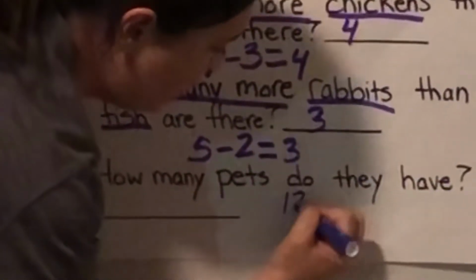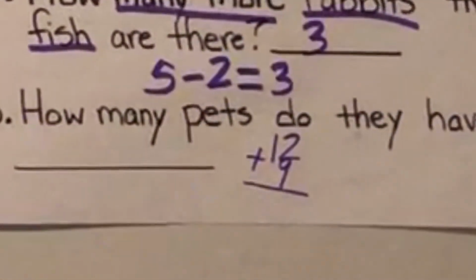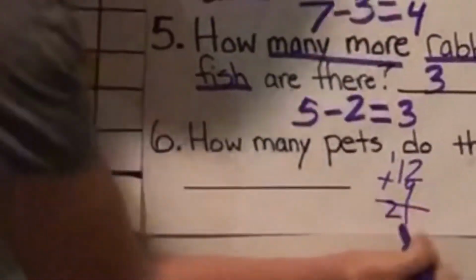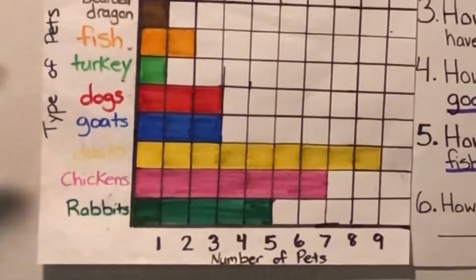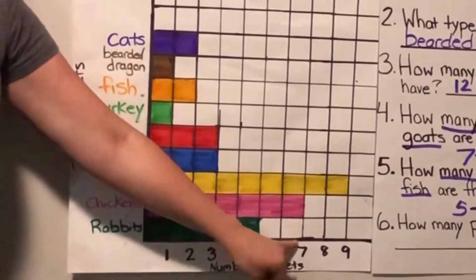Let me see if I can do this one. 12 plus 9. 9, 10, 11. Okay, so we're already at 21 animals altogether. Now we're going to add 7 chickens.